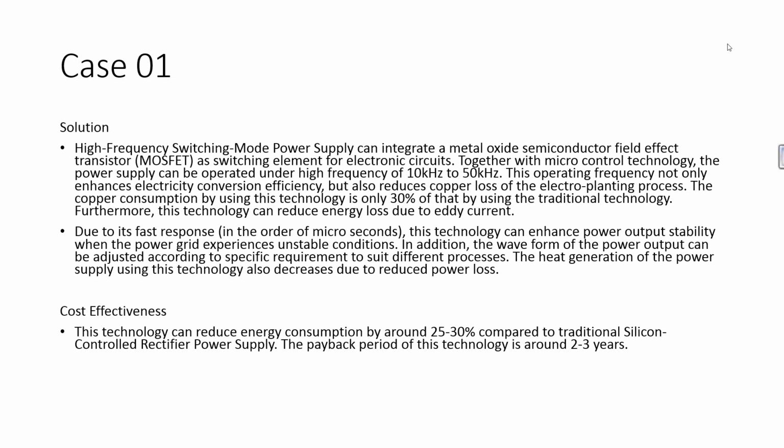This technology can enhance power output suitability when the power grid experiences unstable conditions. In addition, the waves from the power output can be adjusted according to specific requirements to suit different processes. The heat generation of the power supply using this technology also decreases due to reduced power loss.